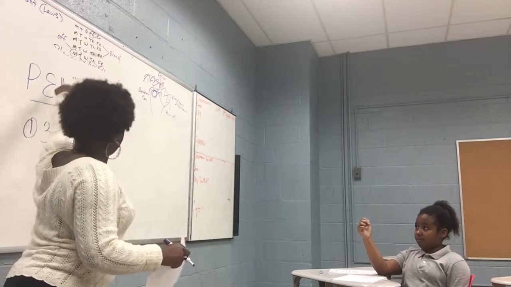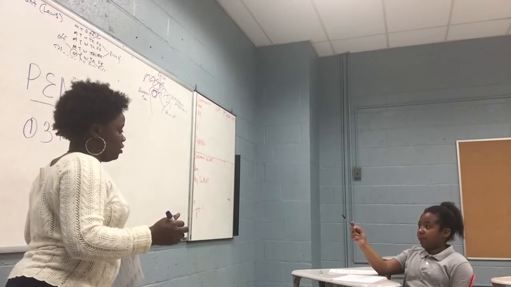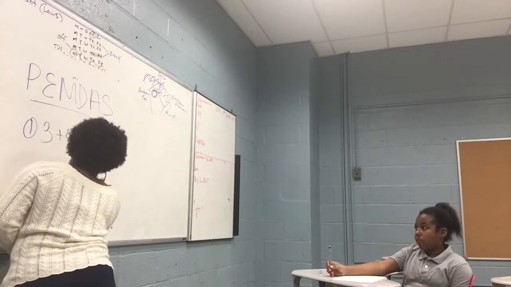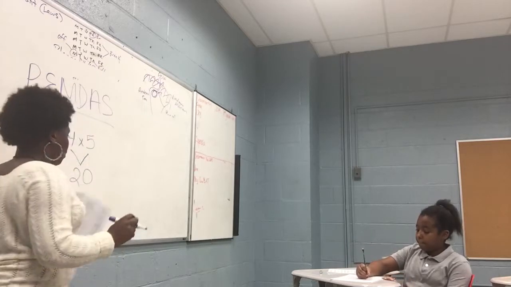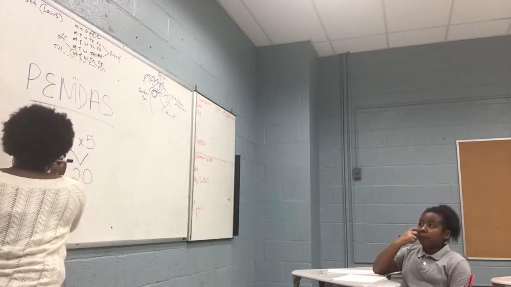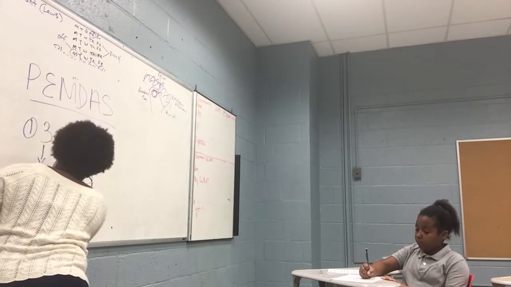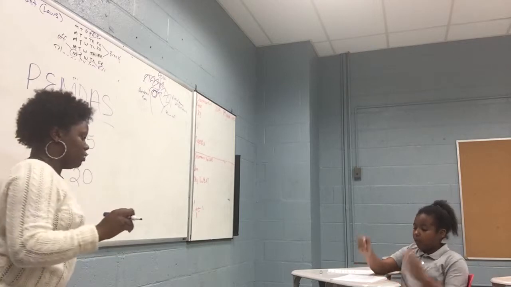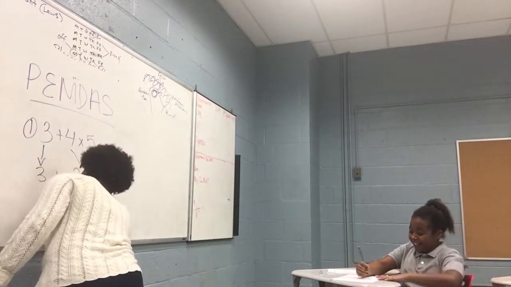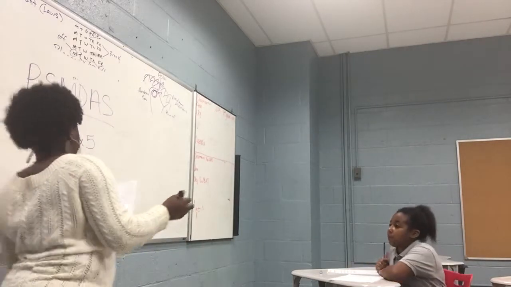Yes. So start with multiplication. You multiply 4 times 5, and that gives you 20. Bring this down, so now you'll have 3 plus 20, which is 23. Exactly. So you have 23.